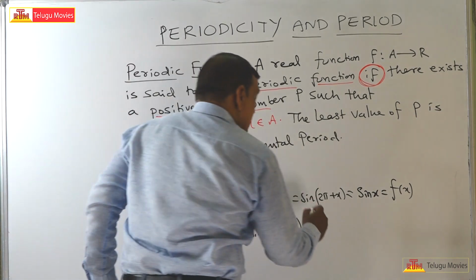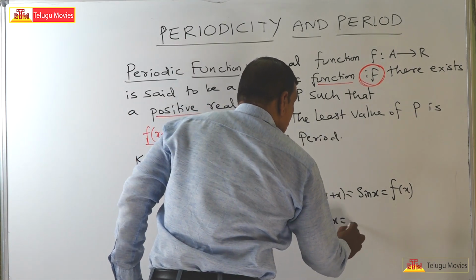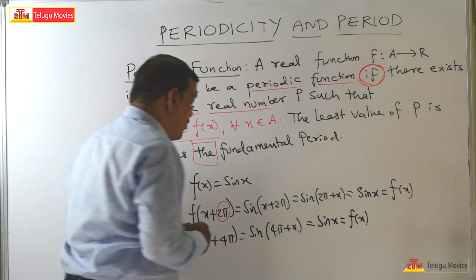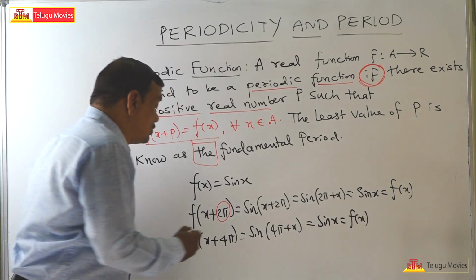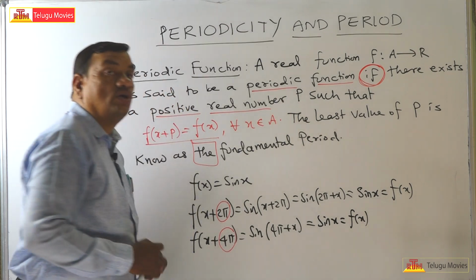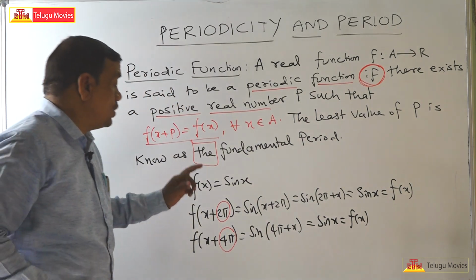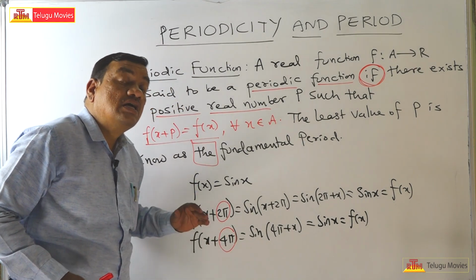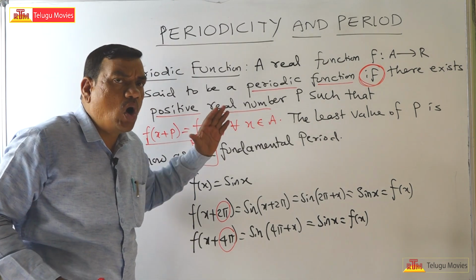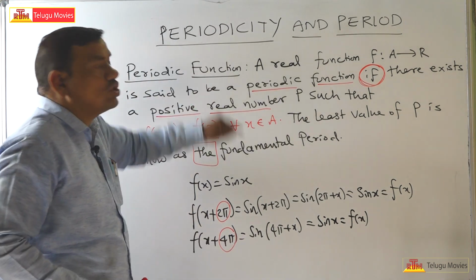There you will get again sin x, that is equal to f of x. Therefore, 4 pi is also a period. Not only 2 pi, 4 pi, 6 pi, 8 pi, all are called periods of that function.